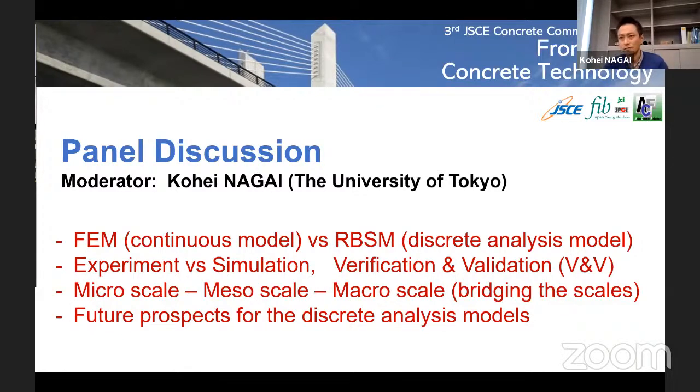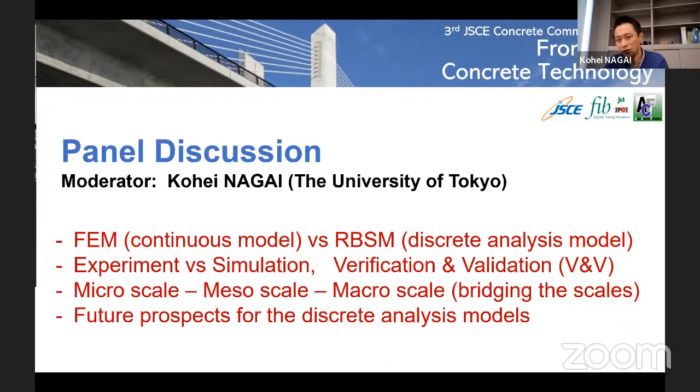Okay. So in terms of verification and validation, your simulation can get more information than FEM. FEM can get somehow an average response, but now you can get a detailed cracking pattern. Therefore verification and validation also become a little bit difficult.